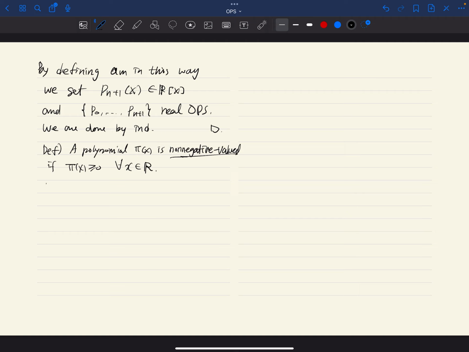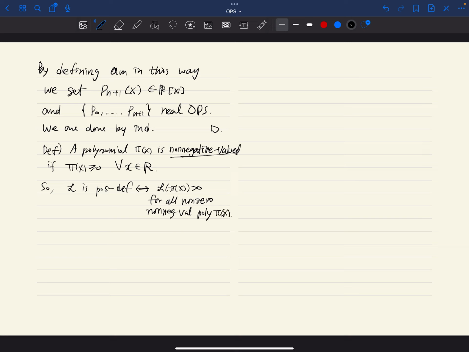So this means L is positive definite if L of pi of x is positive for all non-zero, non-negative valued polynomials pi.